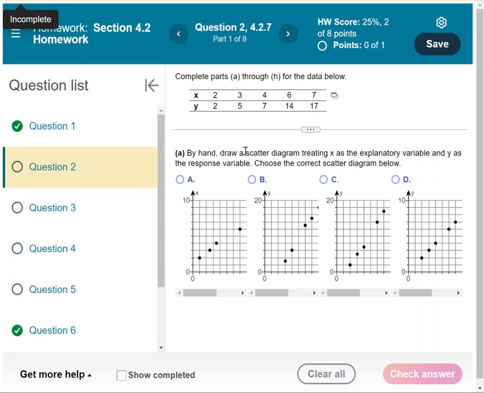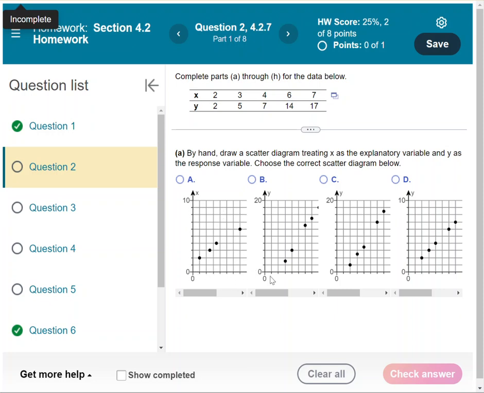So complete parts A through H. So by hand, draw a scatter diagram treating x as the explanatory variable and y as the response variable. Choose the correct one below. So let's see, we are going by ones here, it looks like.